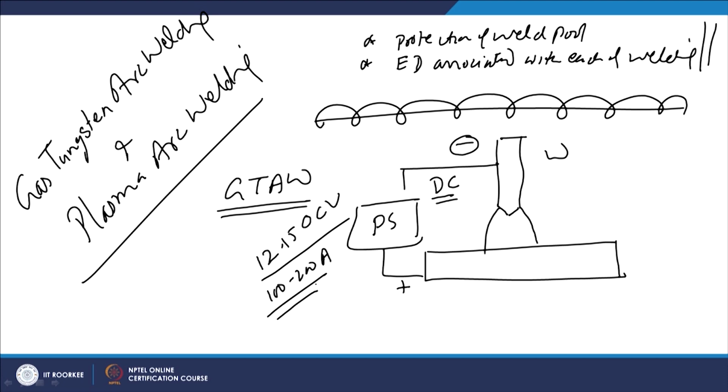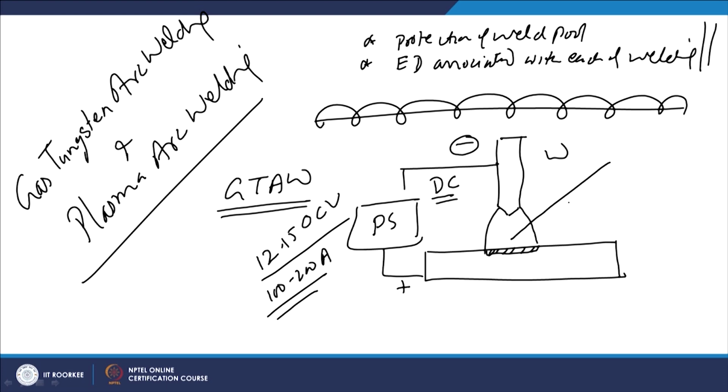Once the arc is established, the heat is used for fusion of the substrate; a very thin layer of the substrate is brought to the molten state. Since the electrode is non-consumable and made of tungsten, to deposit the material for surface modification we have to feed it from outside.